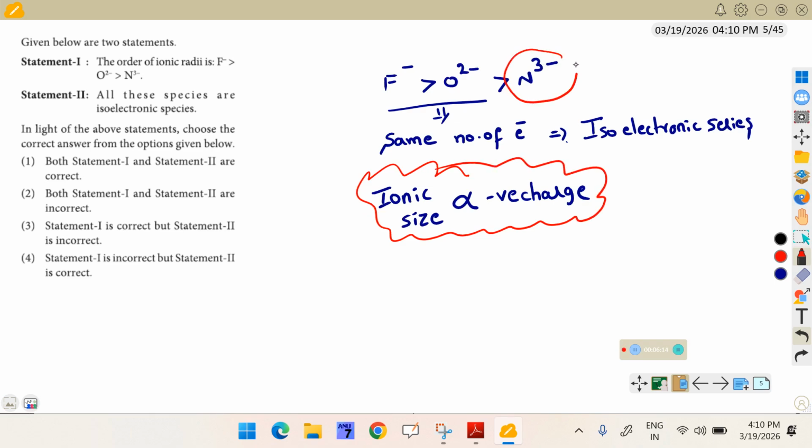Negative charge increases, ionic size increases. Negative charge decreases, ionic size decreases. So according to that, the first statement is wrong. All these species are isoelectronic species, correct, because they contain the same number of electrons. Statement 1 is incorrect, but statement 2 is correct.